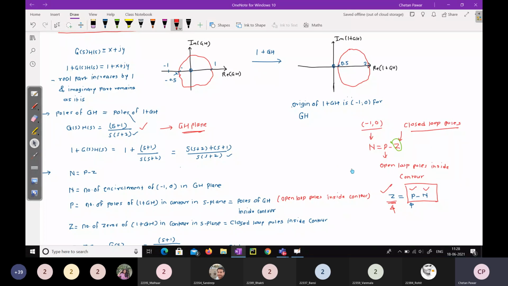If this concept is not clear, when we take a problem, this concept will become clear. Okay, so don't worry about this. I just want to show here that the poles of GH is equal to the poles of 1 plus GH.